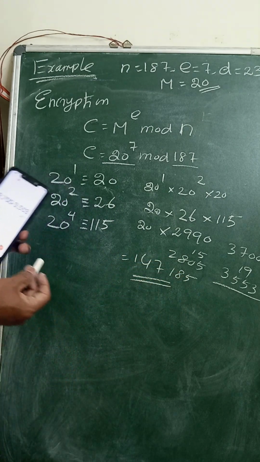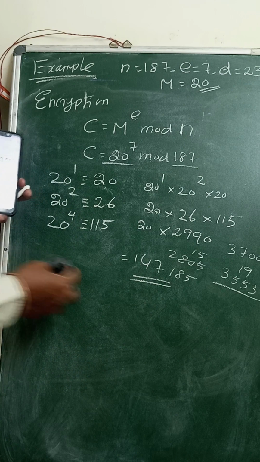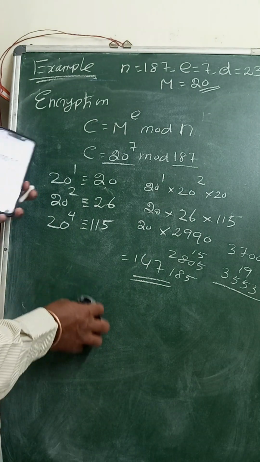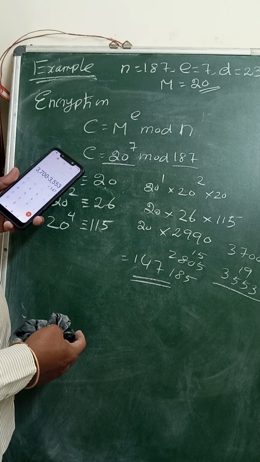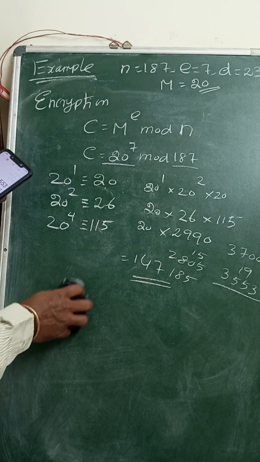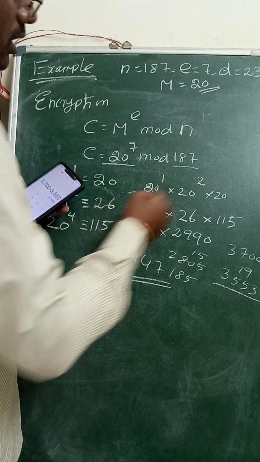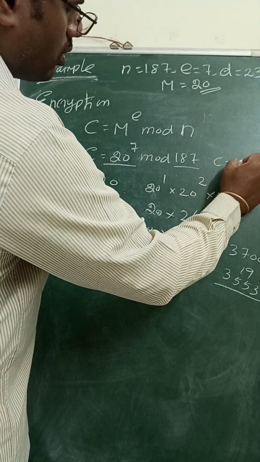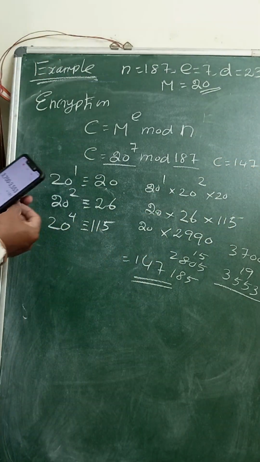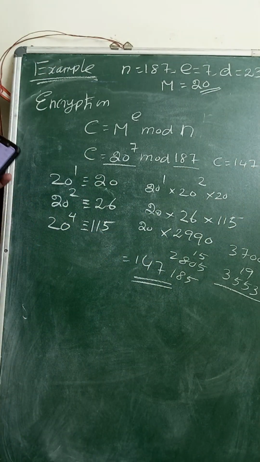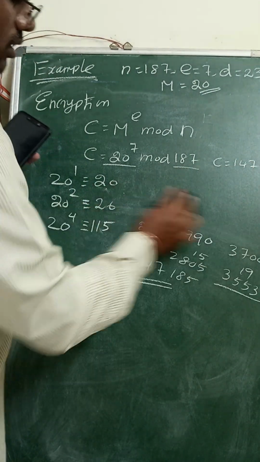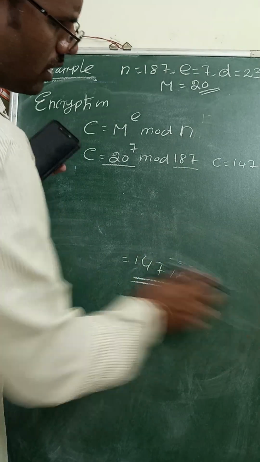We got the value equal to 147. So our ciphertext equal to 147. After getting ciphertext equal to 147, we have to write everything.